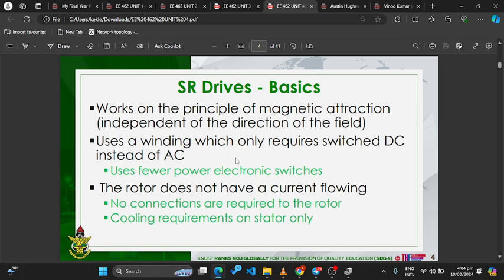This is how the motor works: if the rotor is such that the magnetic path has a high reluctance, the motor produces a torque in order to align the rotor in the direction where the reluctance, or the air gap between the stator and the rotor, will be small. That's basically the principle.